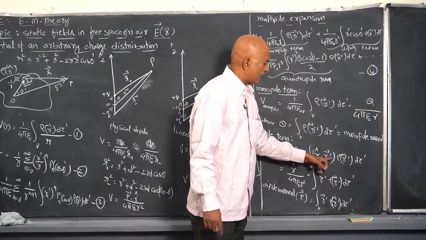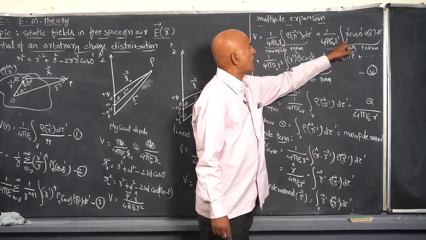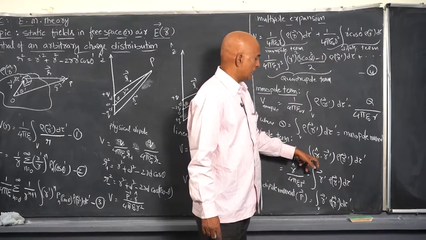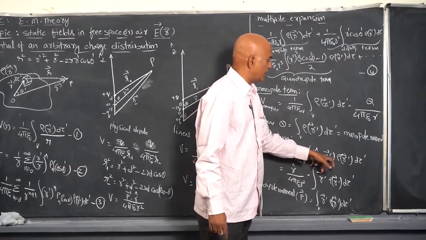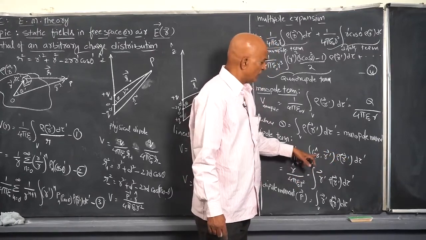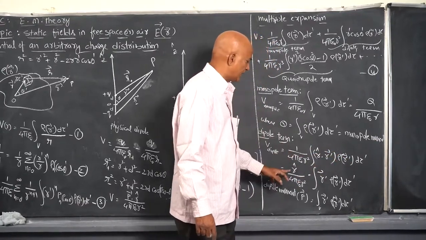What is the value of r cap dot r prime? It is nothing but r prime cos theta prime. So therefore, the integral of r cap dot r prime into rho of r prime: you are doing integration on primed coordinates, therefore this r cap can be brought outside the integral.